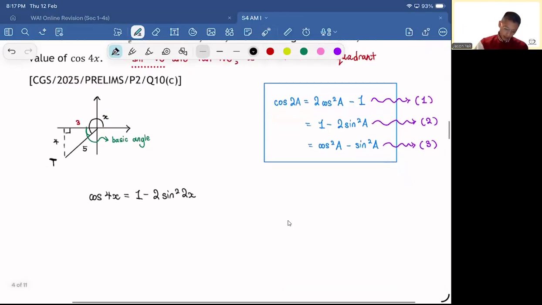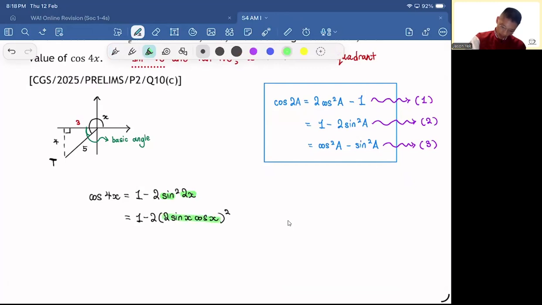Sine 2x is 2 sine x cosine x, where this is the identity. The square is here.